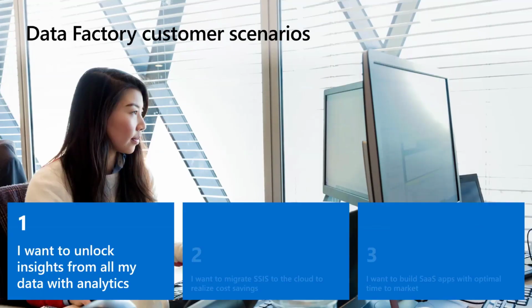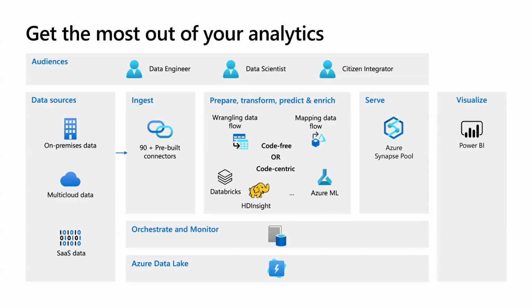The first one is, I want to unlock insights from all my data with analytics. This is the most common data engineering use case. Using the same diagram that we used earlier, the options the data engineer has here, along with the 100 plus connectors to ingest data, are wrangling data flow, which is the Power Query interface, especially if you come from the Excel world or Power Query world.